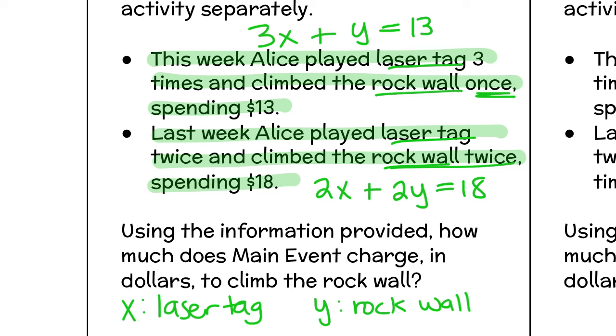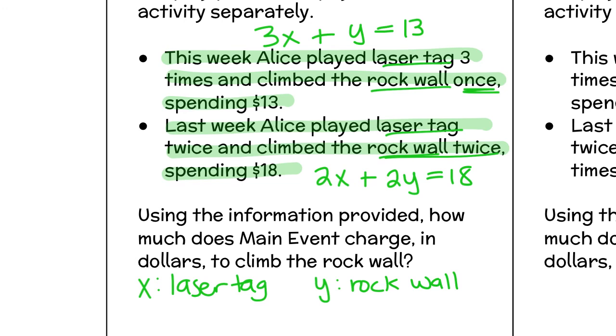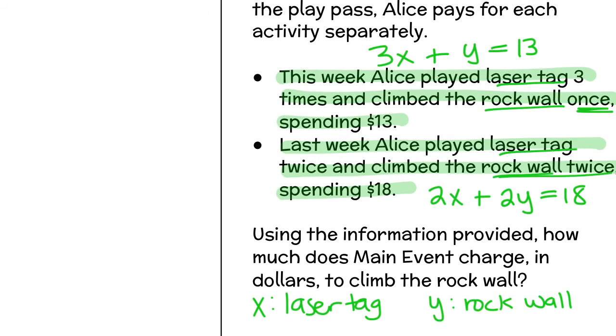So those are my two equations. So in order to start solving, I need to solve one of them for just a single letter. When you look at the variables, this y doesn't have a coefficient because she only climbed it once. So it's going to be easiest to solve for that y. So over here to the side, I'm going to write it.